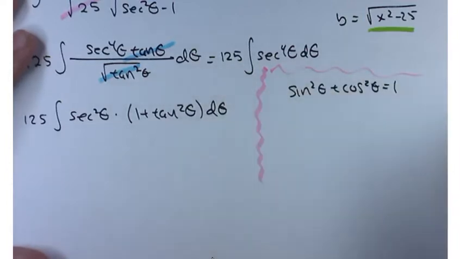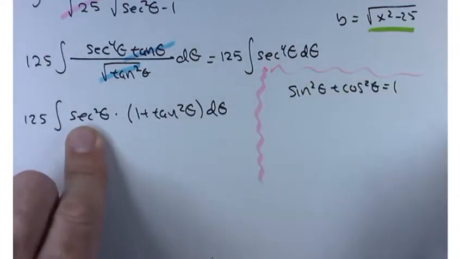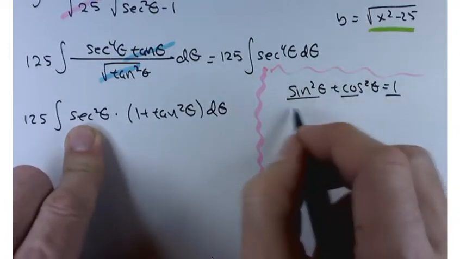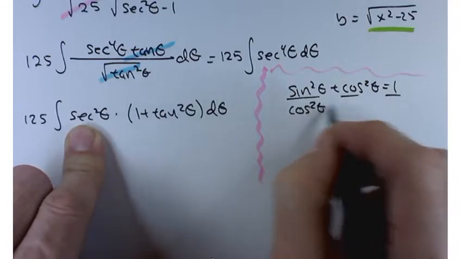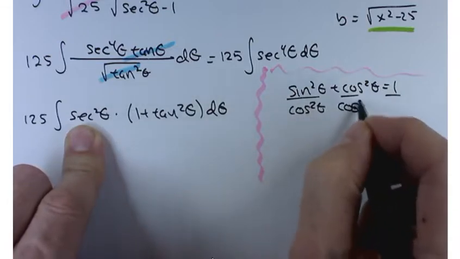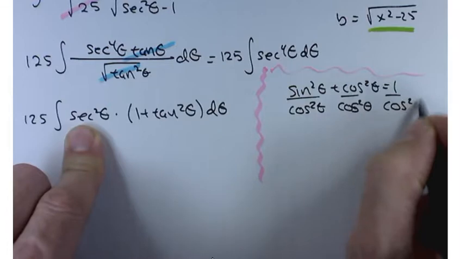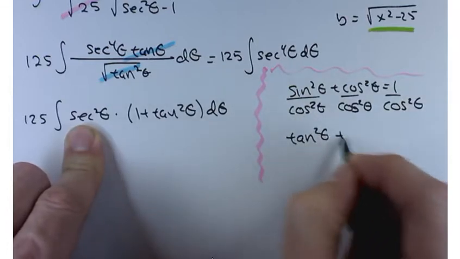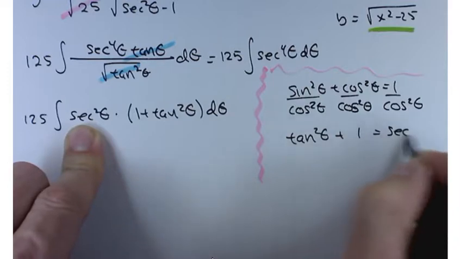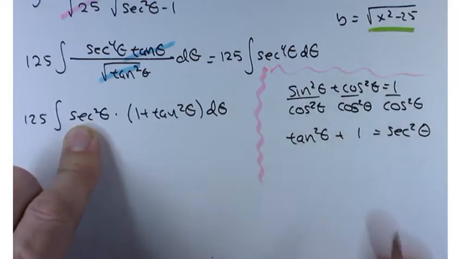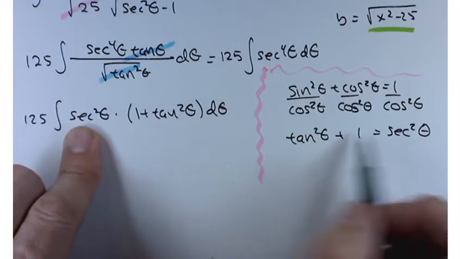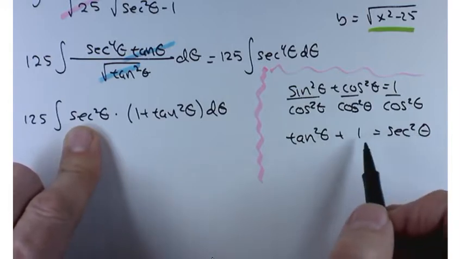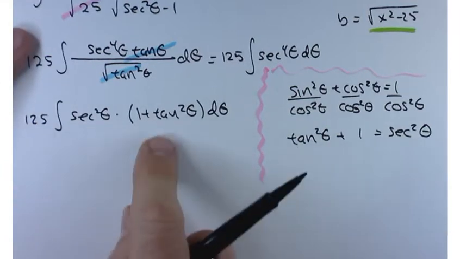For trigonometric functions that have a cosine in the denominator, divide everything through by cosine squared. That gives me tangent squared of theta plus 1 equals secant squared of theta. Then if I needed to, I could move the 1 to the other side, or the secant squared, or both. But in this case, secant squared times secant squared is essentially what we have.